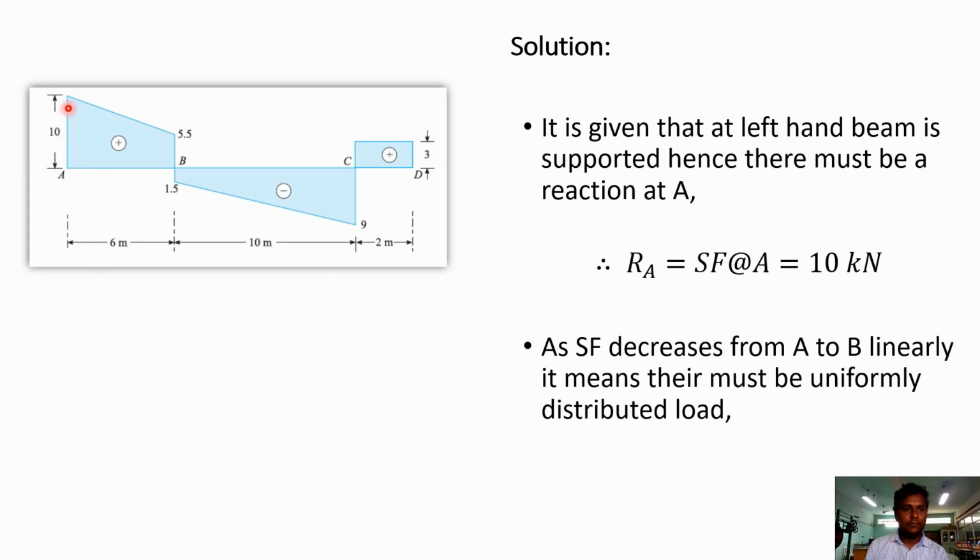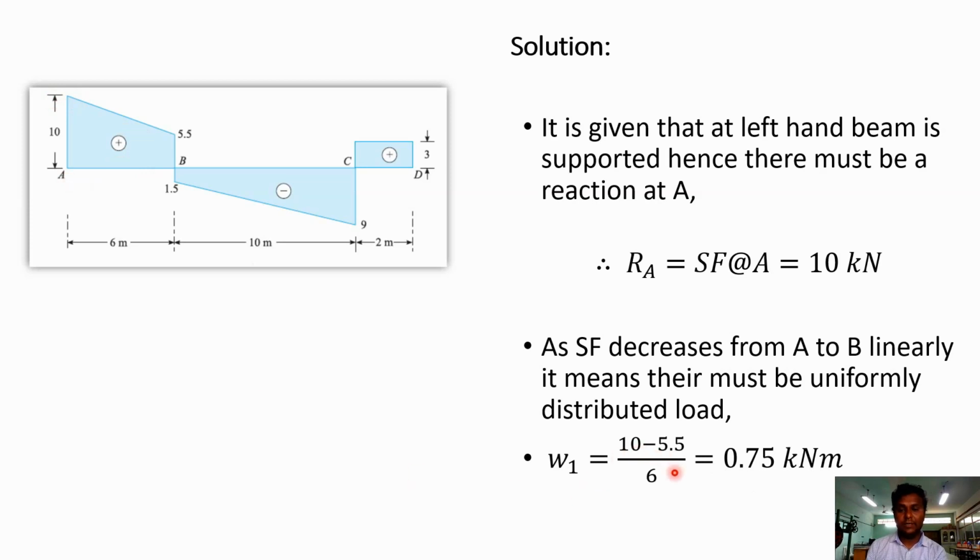At the same time, if you see the variation of the shear force, it decreases from A to B, from 10 to 5.5. We must know that when there is a linear variation of the shear force diagram, in that case between A and B there must be a UDL. To calculate this UDL, we simply take the slope of this line.